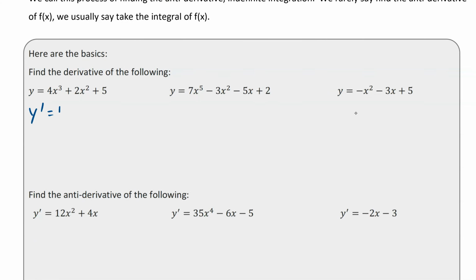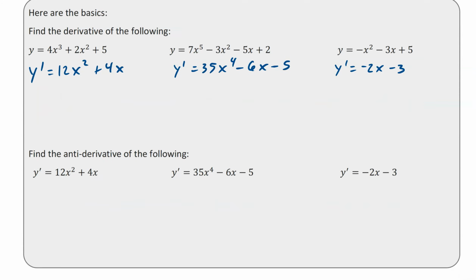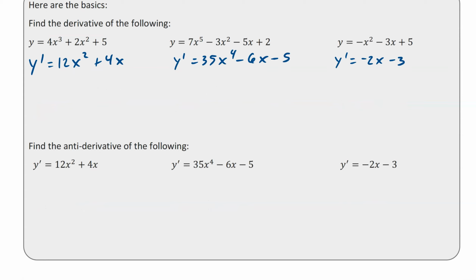So we have y prime equals 12x squared plus 4x, and then the constant would be 0. Y prime equals 35x to the fourth minus 6x minus 5, and then the constant becomes 0. Y prime equals negative 2x minus 3, and again the constant becomes 0. So this is what we're starting with now in this section, but it's going to look like this.